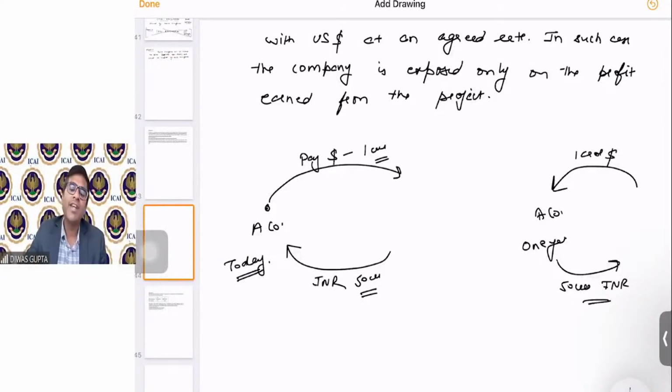Okay, the rate gets fixed. $1 is equal to 50 rupees gets fixed for today's exchange as well as 1 year from now exchange. The same amount gets exchanged today and the same amount gets exchanged 1 year from now. Okay, Viraj is saying it is clear. Prashant, I hope it is clear now, right?